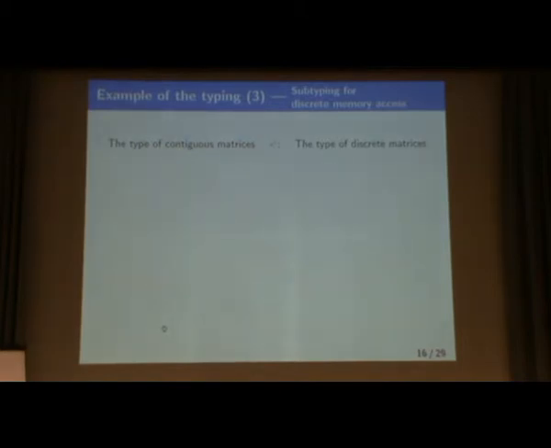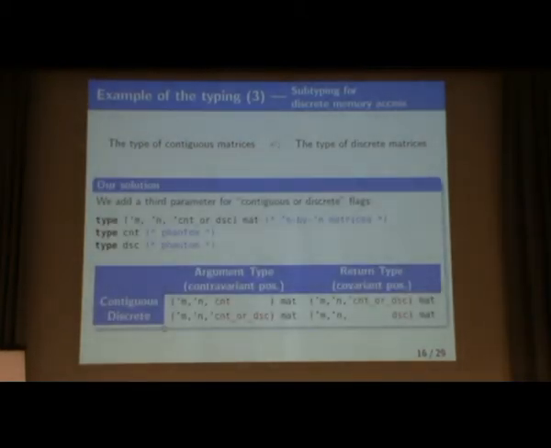To encode this kind of subtyping into standard ML polymorphism, we invented a somewhat standard type-level technique, also studied by previous work, which uses these type parameters. When a function takes a matrix argument, and if the function can take only a contiguous matrix, then this specific type is required for the contiguous flag.